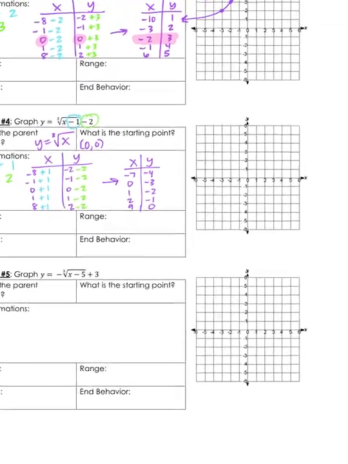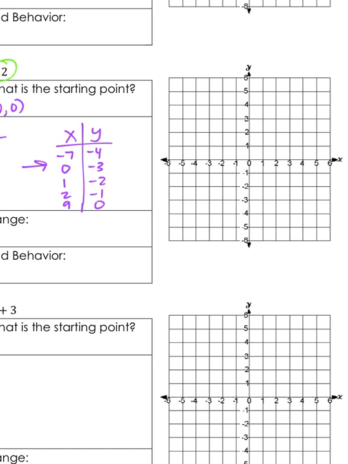So I'm going to come over here and graph that. So -7, -4 would be like about right here. 0, -3, 1, -2.